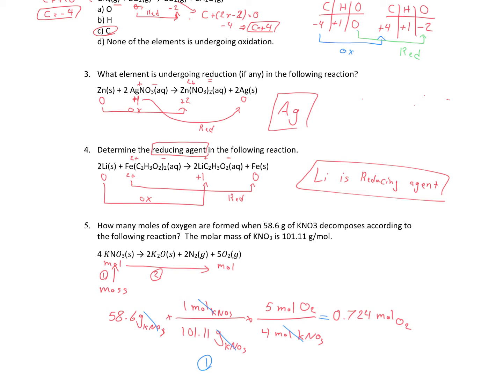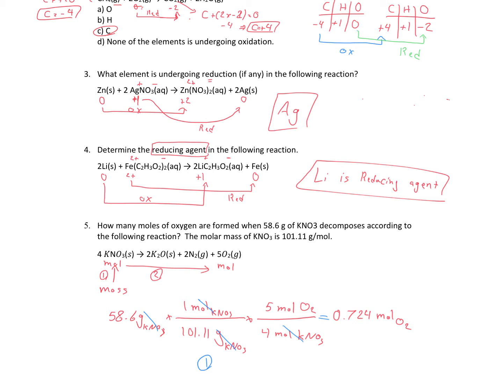Okay, that's what the agent does. So with the same analogy, a reducing agent is something that reduces something else, and it needs to be oxidized itself. Okay, so again, we need to find what is oxidized and what is reduced, and then we can see what is the reducing agent and what is the oxidizing agent.